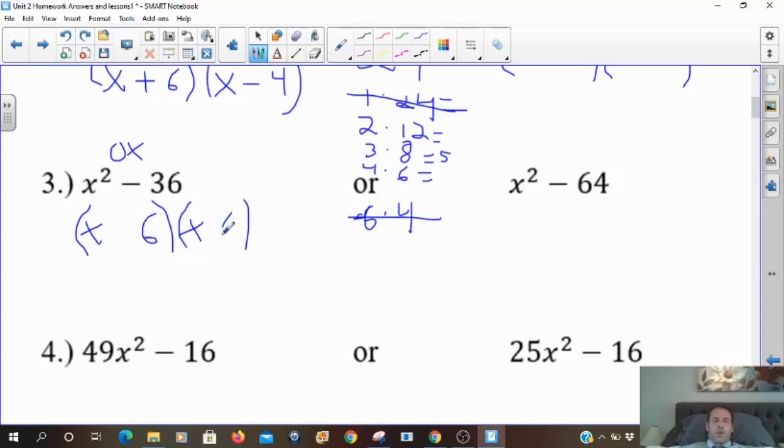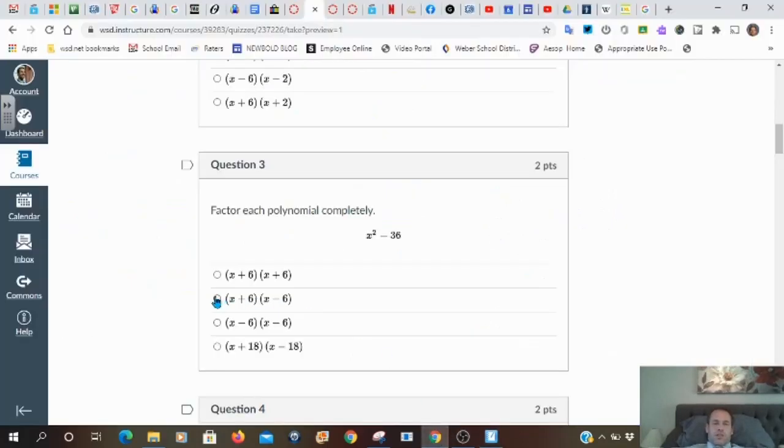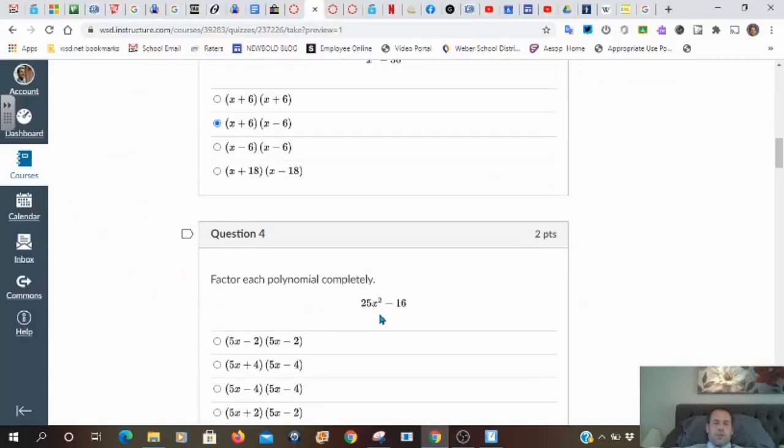Because if you do a positive and a negative 6, then when you go to combine those together, you're going to get a 0x, right? 6x minus, right, plus this one, minus 6x is 0x. And now we have no middle term. So that's definitely the right answer. So x plus 6, x minus 6. You might get this one, which would be a plus or minus 8 more than likely. So then we would select the right answer. Bada bing, bada bing, bada boom.